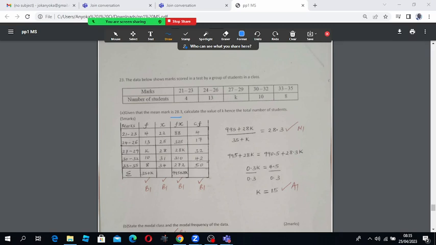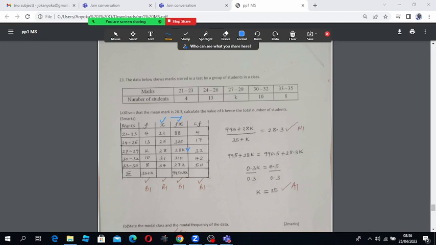So let's go to the process of finding the mean. For us to find the mean in grouped data, we need the midpoints. That will stand for x. We need fx, frequency times the midpoints. So we find fx, then the sum of fx, which will be 995 plus 28k.